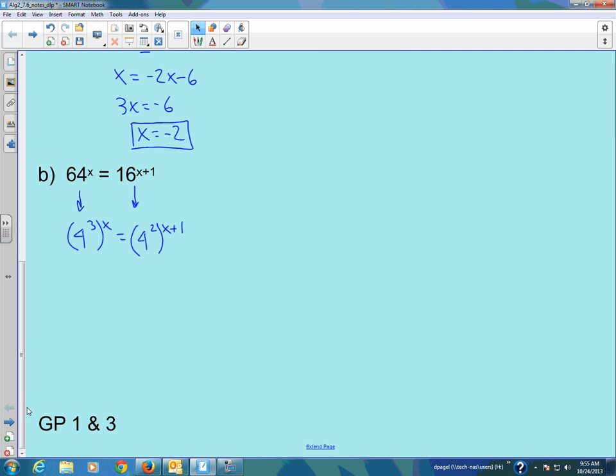Will it make a difference if we use base 2s? 2 to the 6th to the x power, 2 to the 4th to the x plus 1 power. So different bases, will we get the same number?